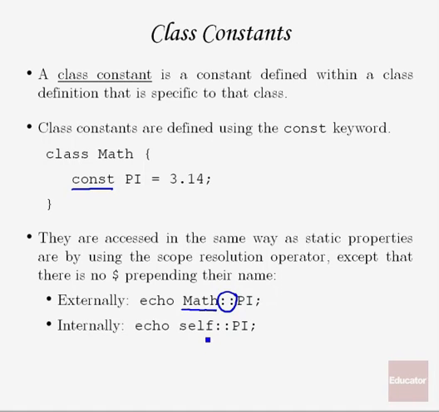Inside the class, you would use the self keyword. And notice there's no dollar sign. If PI were a static property, you would include the dollar sign after the scope resolution operator. So that's one key thing to note between accessing static class properties and static class constants: the absence of the dollar sign. So let's take a look at an example.